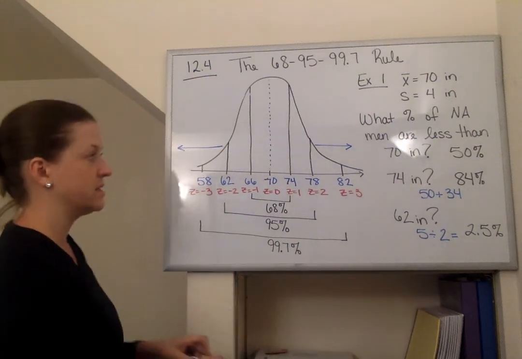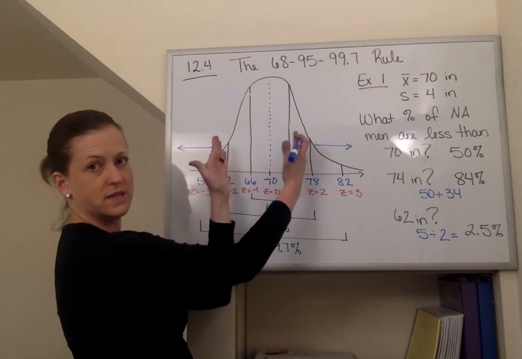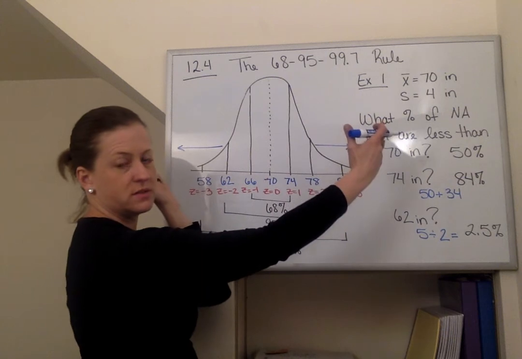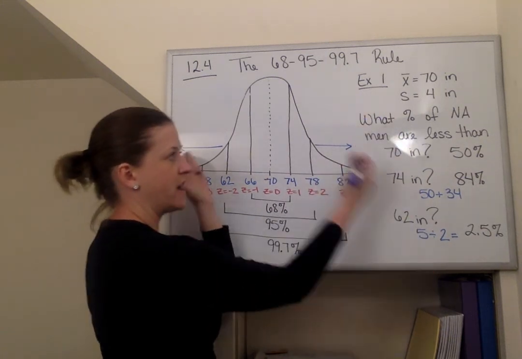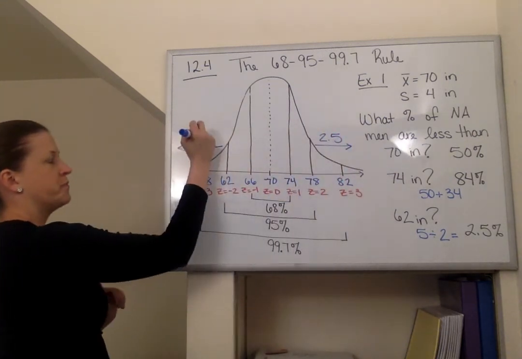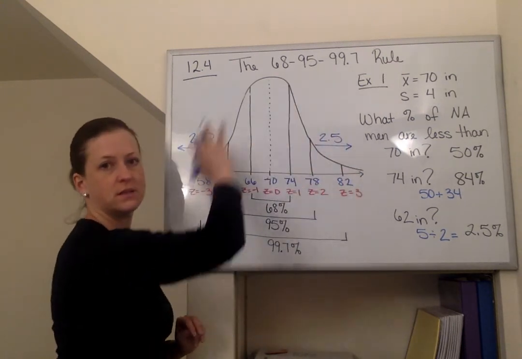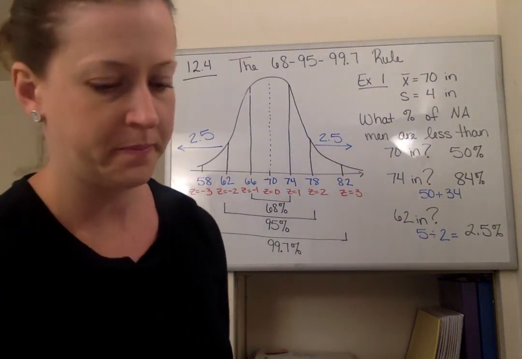So since the middle part is 95%, that leaves the tails total being 5%, which if I cut that in half, means each of these tails has to be 2.5%, so that all of it still adds up to that total 100%. Okay?